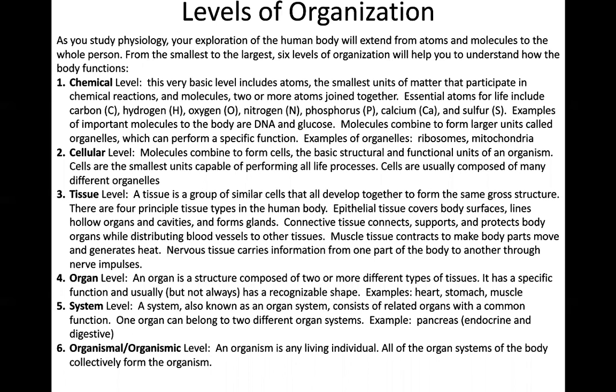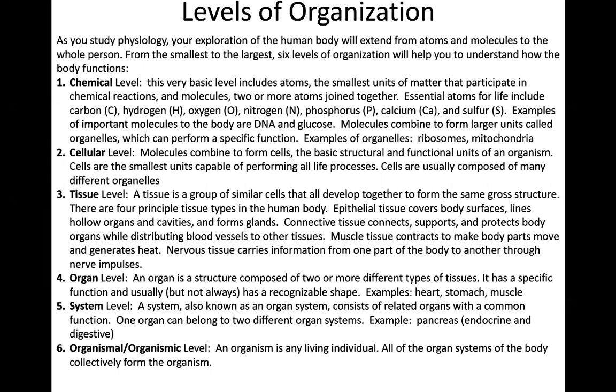We take molecules, we can combine them together and form organelles, like the powerhouse of the cell. Everybody's heard that term before, I'm sure. That's what mitochondria are, and ribosomes, and the nucleus of a cell, all of which have a specific function and collectively form our cells. So now we're moving up to the cellular level. A cell is described as a basic structural and functional unit of an organism.